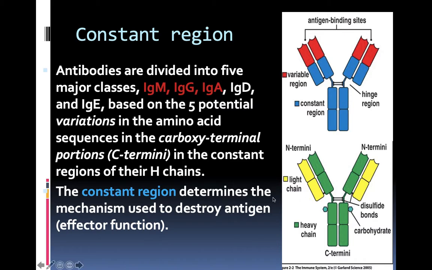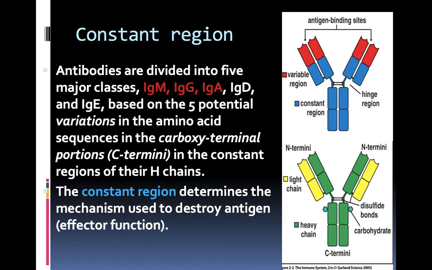Aside from the amino acids near the carboxy terminal portion of the constant region of our heavy chain, we also have the carbohydrate oligosaccharide side chains. As a review, let's remind ourselves that the constant region determines the effector function, or the mechanism that will be activated by the antibody in order to destroy the antigen or the foreign cell.